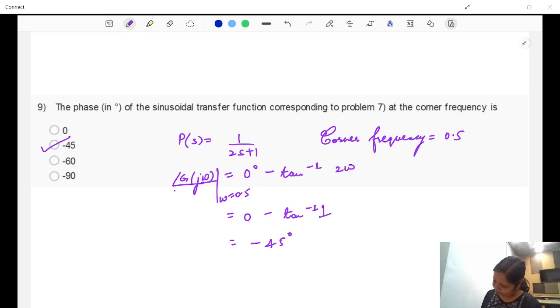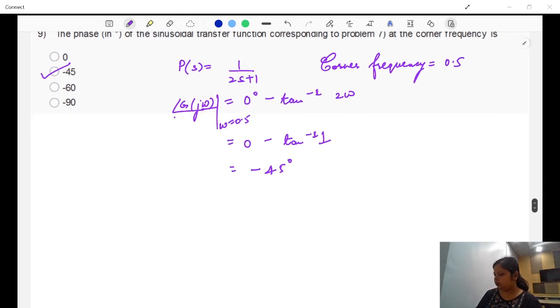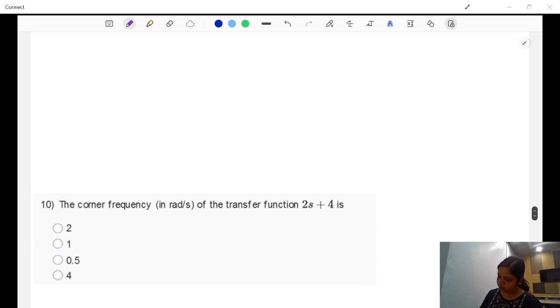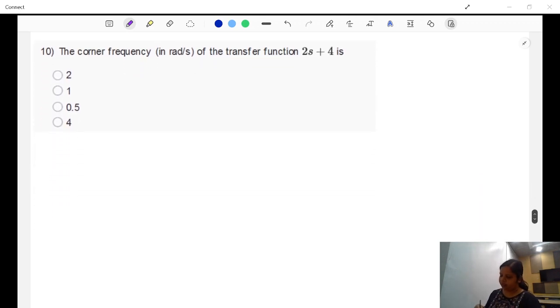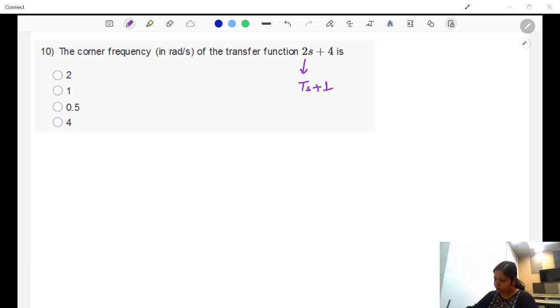Okay. The corner frequency of this transfer function is what? So again, this can be compared to tau s plus 1, right? So if we try to compare it, how would it look like? Your expression is 2s plus 4.